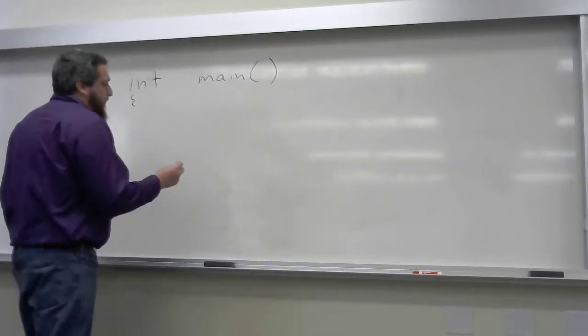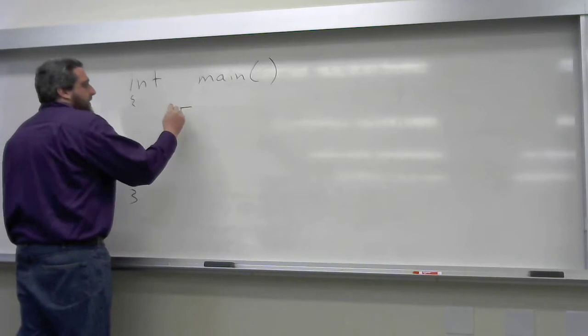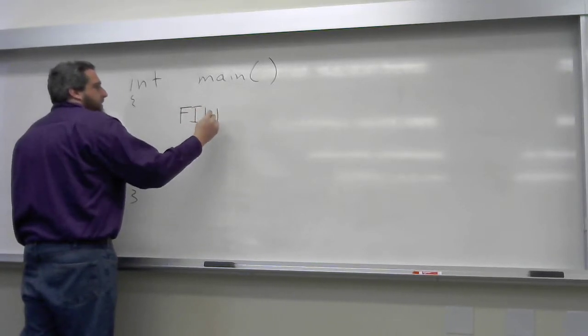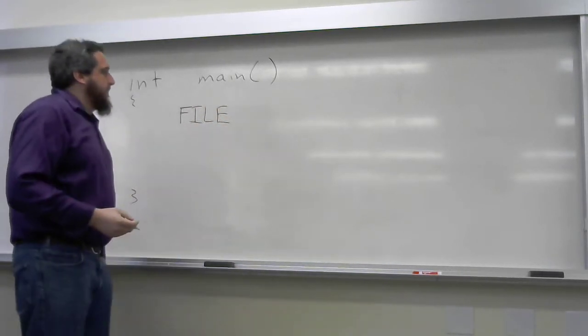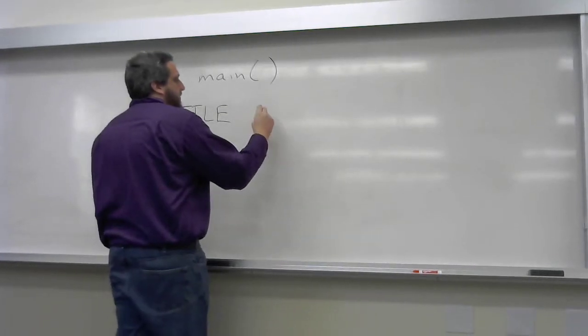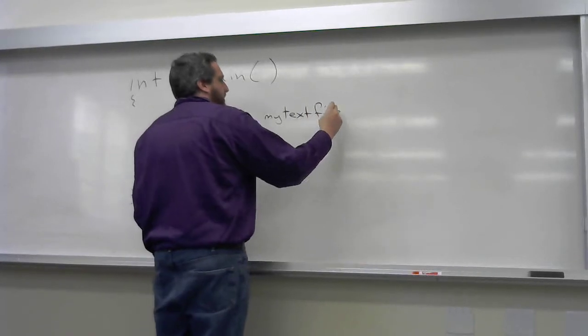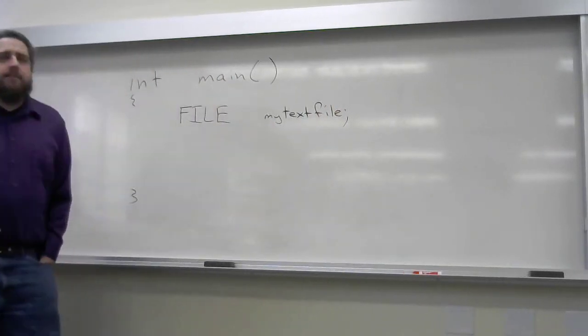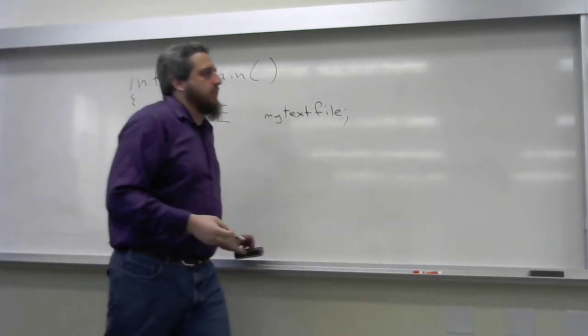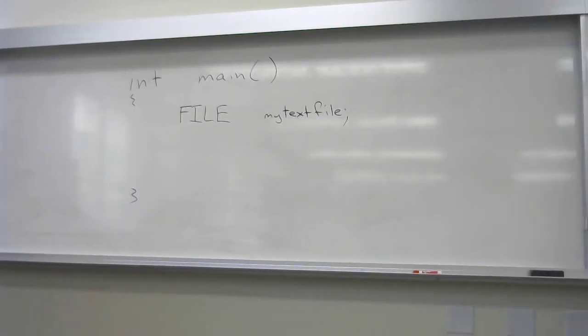So for example, if I take the C word for file, I can say FILE here, in all caps, and I can say my text file. The variable my text file will exist in memory.